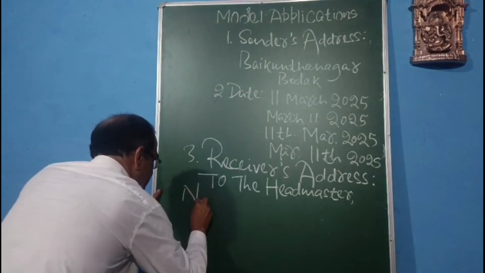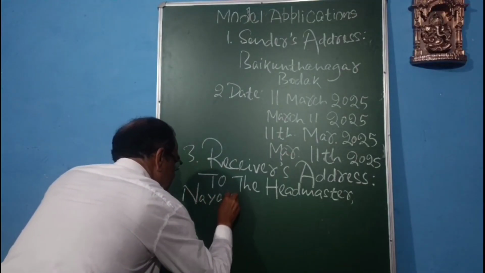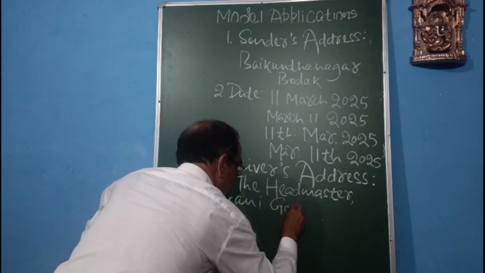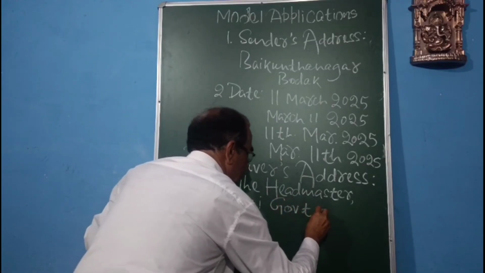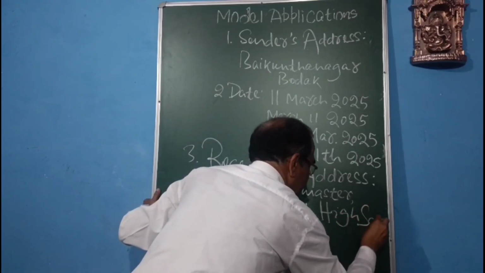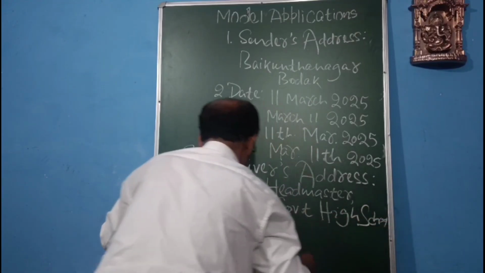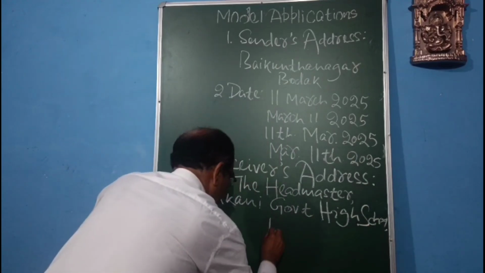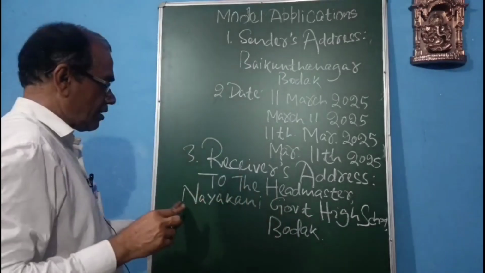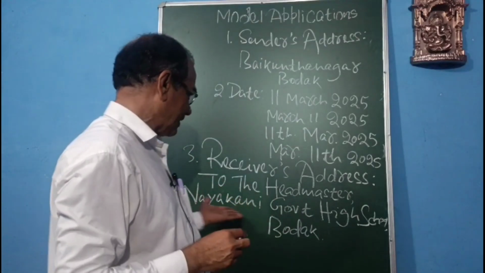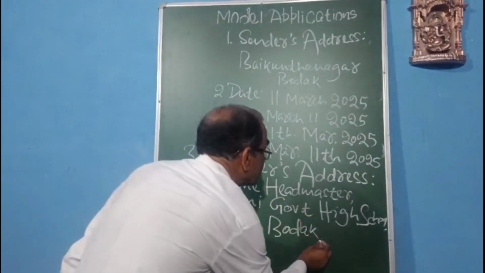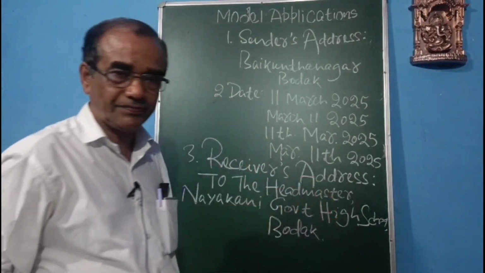Nayakani Government High School, comma, Boda. You have to put a comma after the office. Name of the office is Nayakani Government High School. Name of the place is Boda. You just put a full stop after the name of the place.